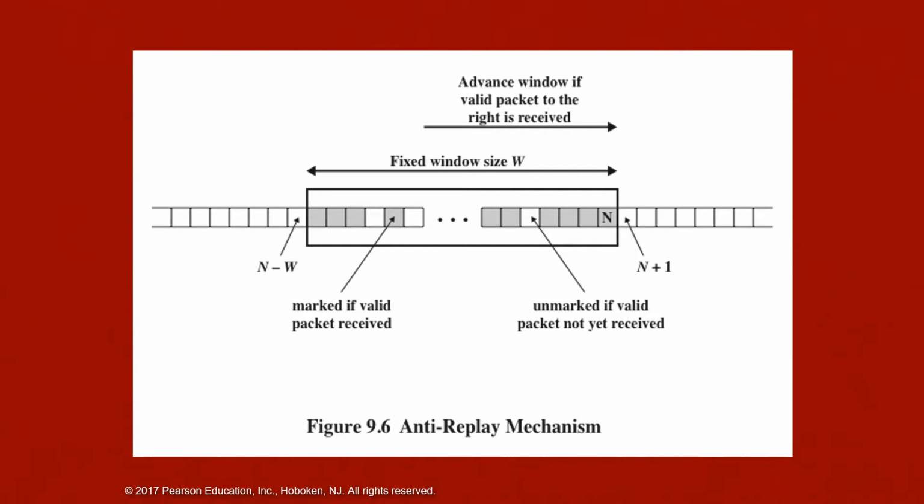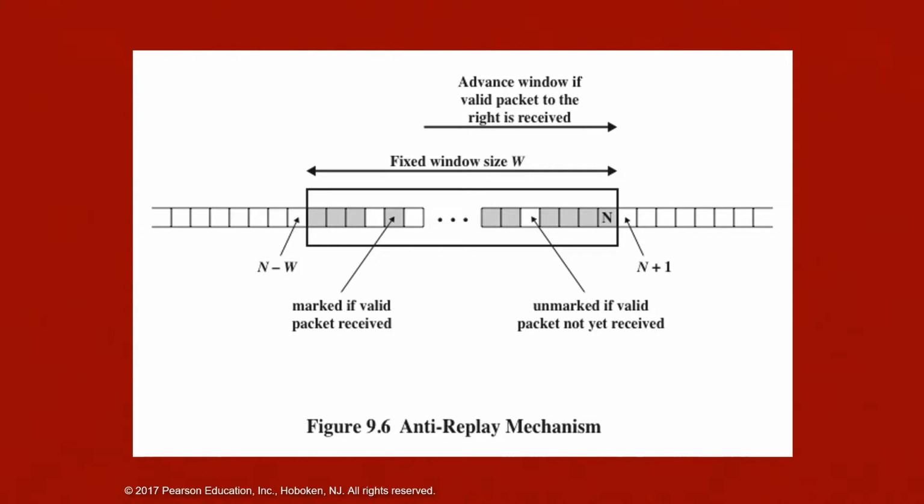Because IP is a connectionless, unreliable service, the protocol does not guarantee that packets will be delivered in order and does not guarantee that all packets will be delivered. Therefore, the IPsec authentication document dictates that the receiver should implement a window of size W, with a default of W = 64.